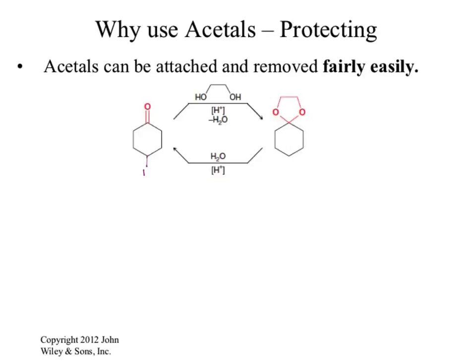So let's say I had a bromine on here and I wanted to, I don't know, chain lengthen by reacting this with another carbonyl. How do I get the carbon where the bromine is attached to that carbon? What can I do?